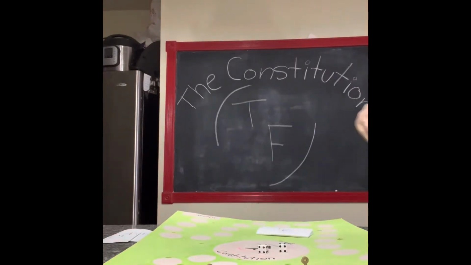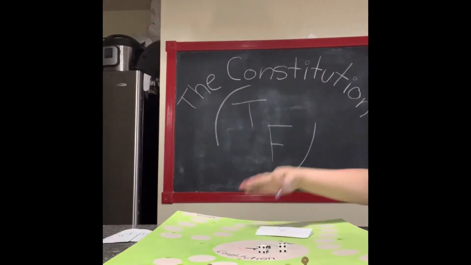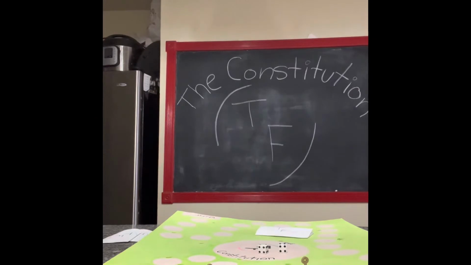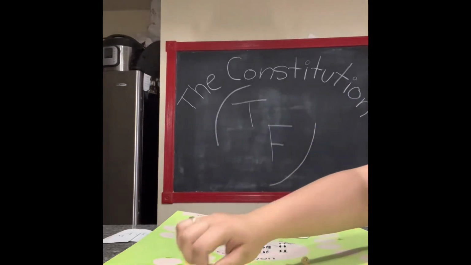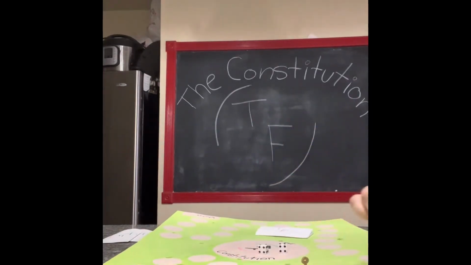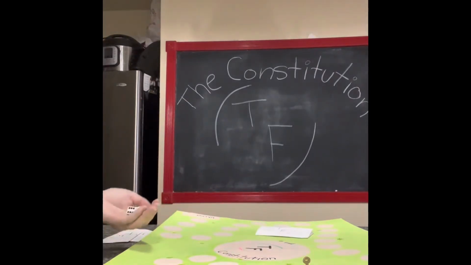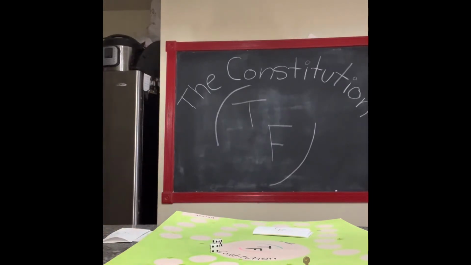Okay, John Hancock has the smallest signature on the Constitution. That would be false. 1, 2, 3, 4, 5, 6, 8. The Fifth Amendment is the right to bear arms. True. Okay, so that one is wrong, so that means Ellie has to skip her turn.